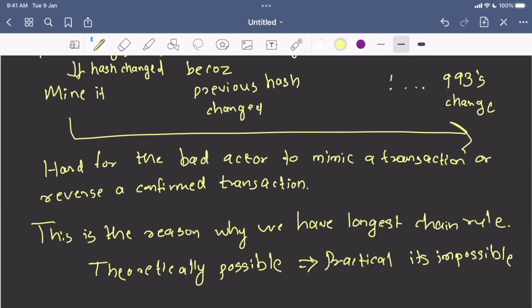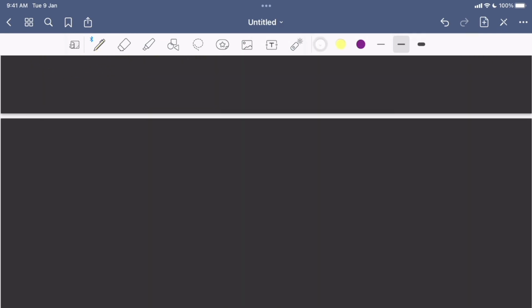There are many factors. Let's write down the factors that arise if one tries to do it anyway. Let's say someone is determined to change a transaction and mine all the blocks before any of the forks get superior lengthwise and get added to the original chain, he will face many factors.